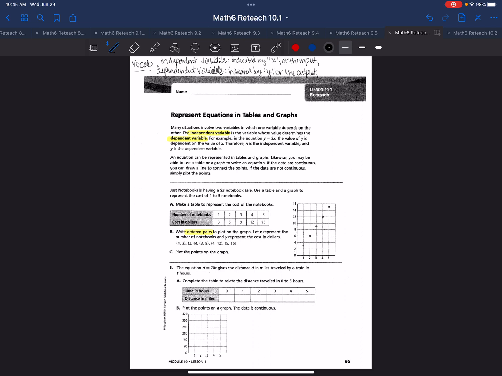The independent variable is independent, so it's not dependent on other variables. But the dependent variable depends on something else.